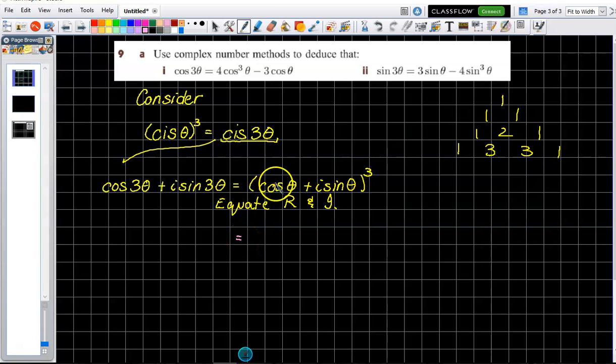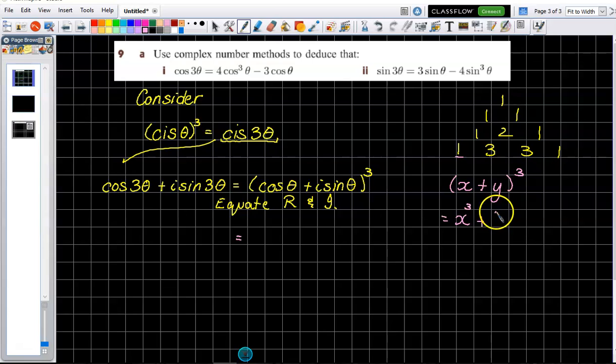So, what does this mean? Do you want me to do it with x's first to remind you? If I had x plus y cubed, what this becomes is 1 x cubed, and technically it's y to the 0, but y to the 0 is just 1.